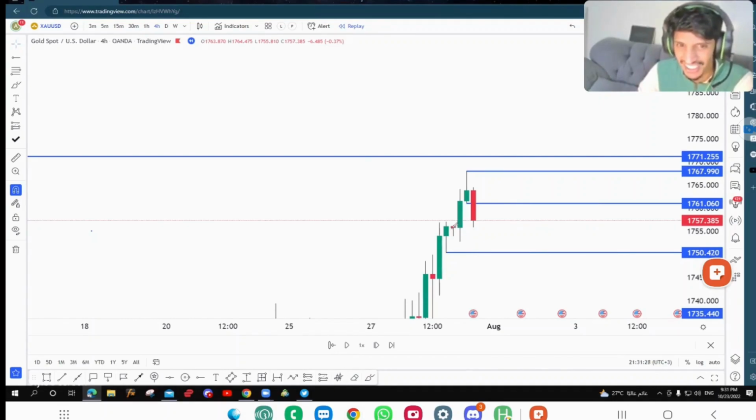So now here you have this support. Support formed previously on the 4 hour. As long as this candle does not close in this area, below this one, we still can go up.